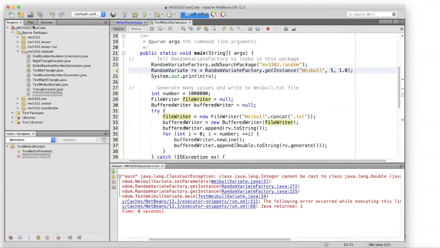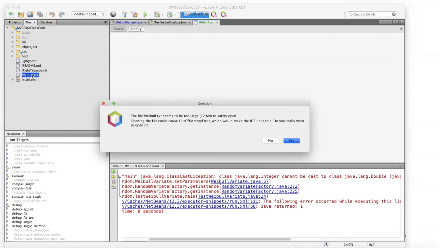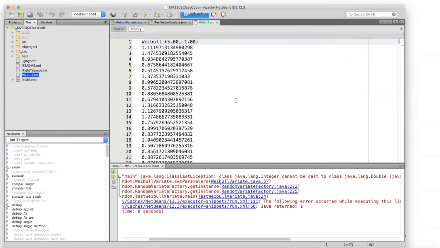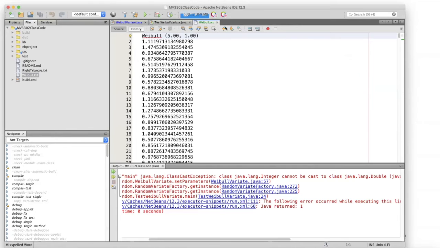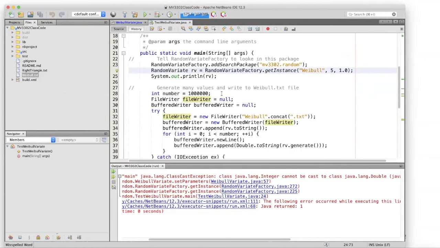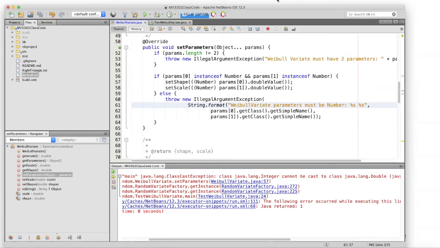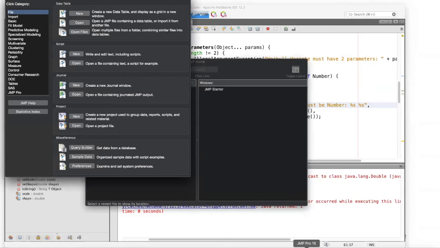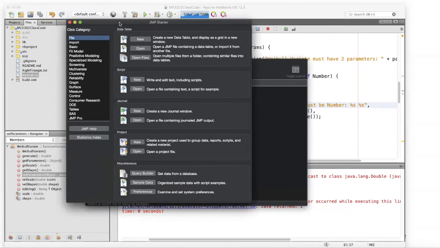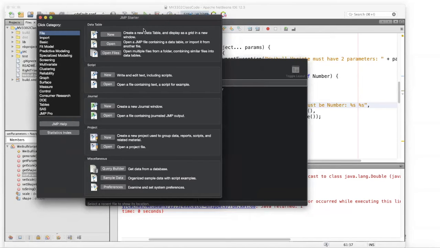Okay, so now let's see if this is the file, and it's got 1 million of these things in it. And okay, now yesterday I was using the R package, but you all said that you use JMP. So I installed JMP, and so we'll use JMP for this.